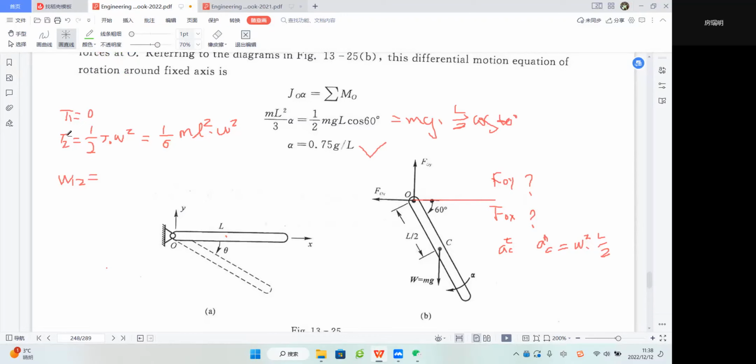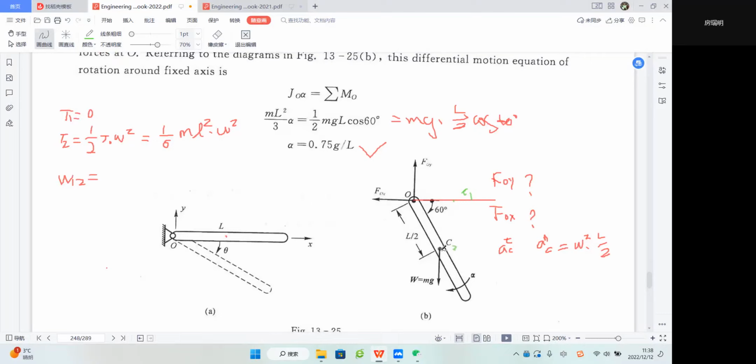At the first position, when T1, its mass center C may be here, C1. And when theta equals 60, we call it C2.